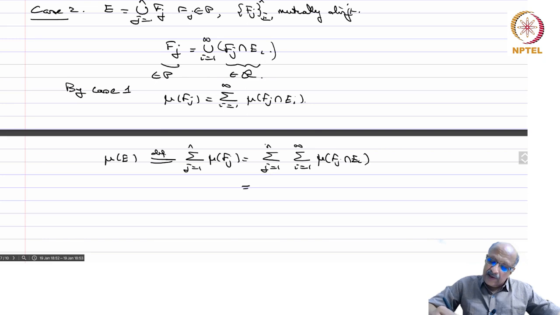And now this is a finite sum, this is an infinite sum, everything is non-negative, no problems.